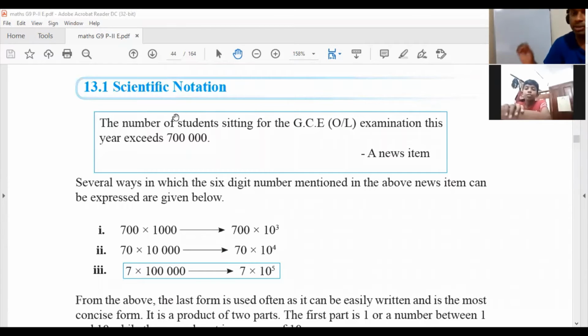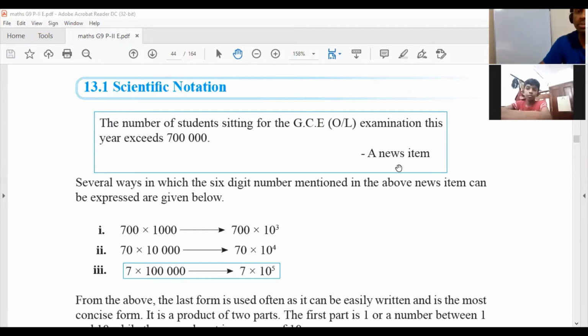Can you write it down in your writing book? The subtopic of this lesson, scientific notation. Wrote, sir. Look into this. The number of students sitting for the GCE O-level examination this year exceeds 700,000.